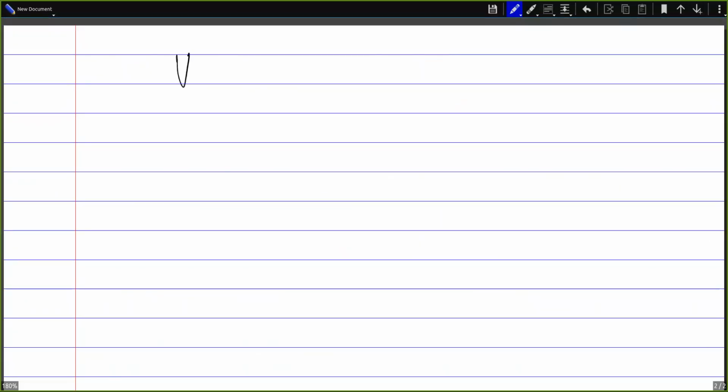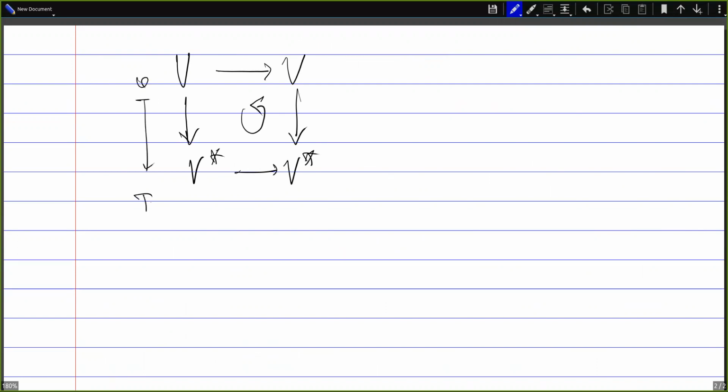Since we have seen this, that from V star to V star, in view of this, A star of TV is nothing but T of A star V. In view of this, exactly the diagram does not commute, but yes, this is what we have.